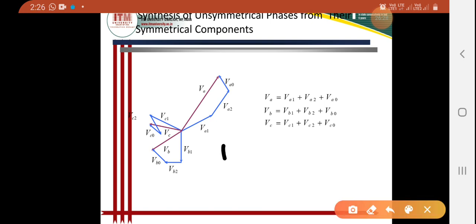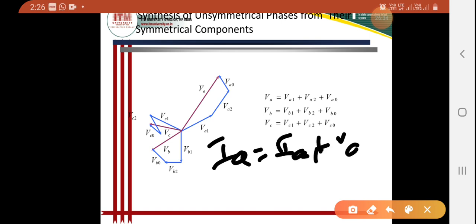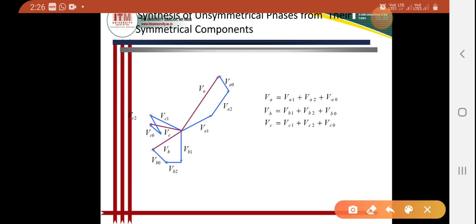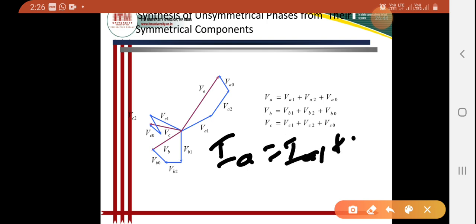So here also for currents I can write IA is equal to IA1 plus IA2 plus IA0.